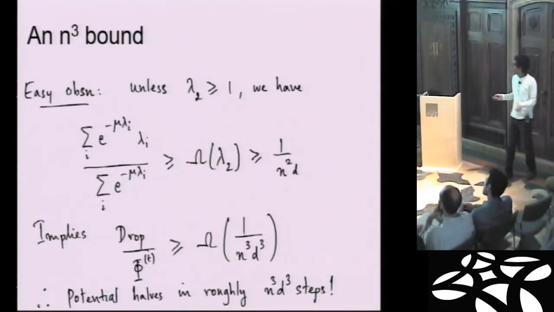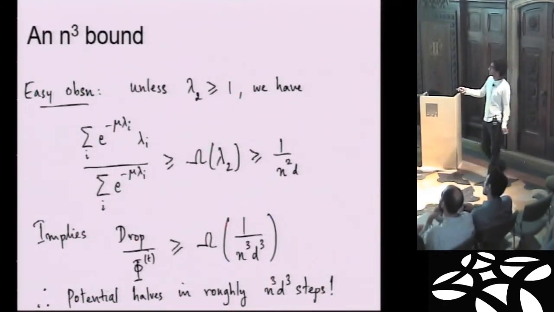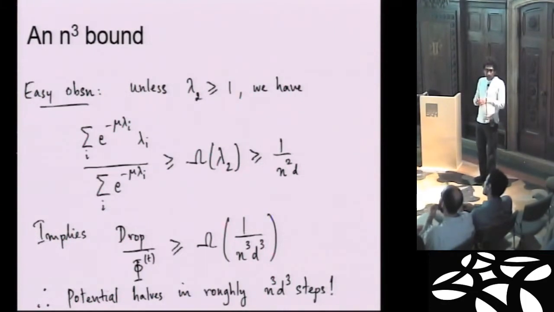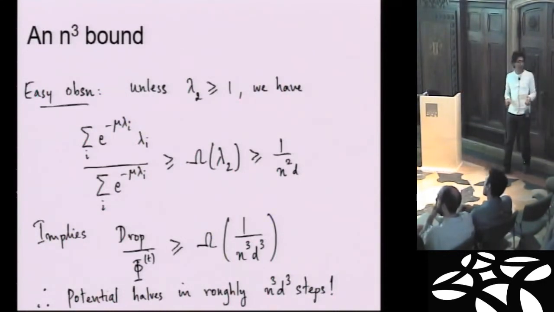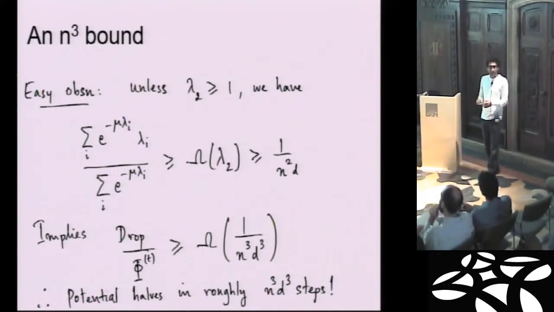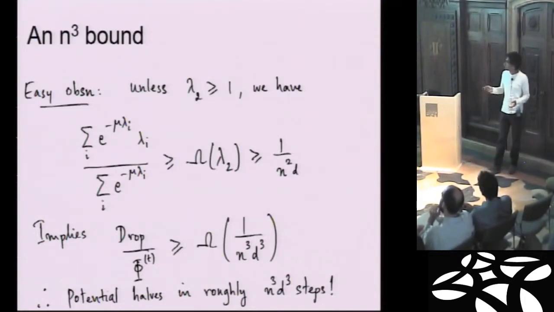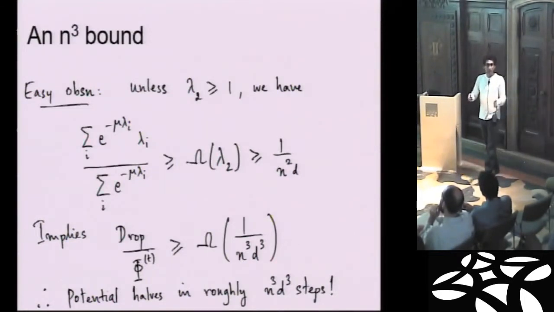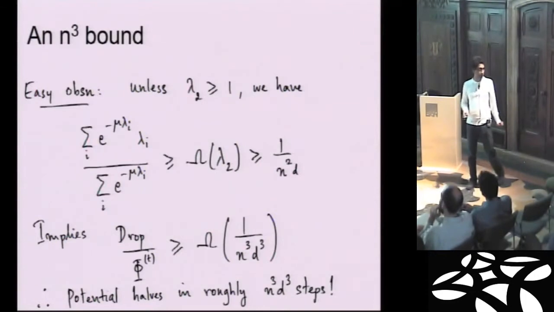So if you have not already become an expander, then the potential drops by a factor of 1 over n cubed in every time step. This means that after so many time steps the potential will halve, and if you take this times log n many time steps, you come arbitrarily close to 1.